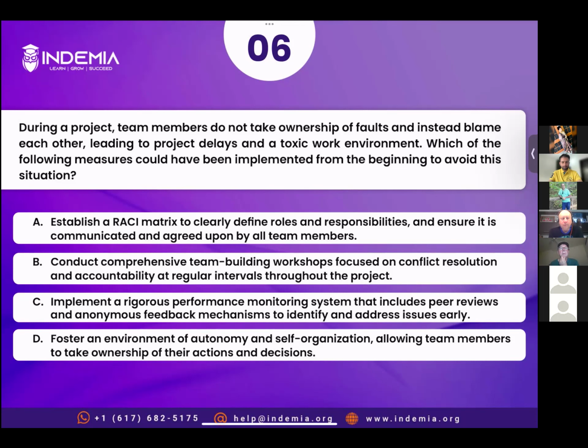C, implementing rigorous performance monitoring, that's reactive. D, foster an environment of autonomy and self-organization, I feel like it might be good in the later stages of team management, but this seems to be the early stages of a team. So I think B might just be the best solution in terms of having these workshops, conflict resolution, and taking accountability.